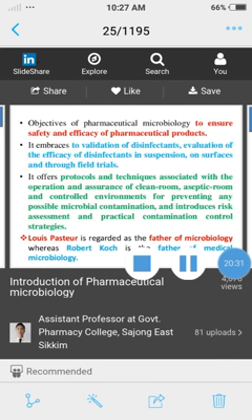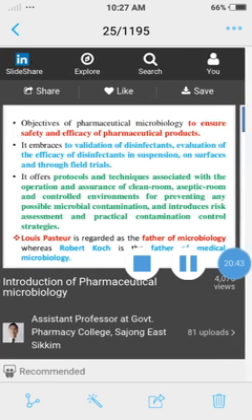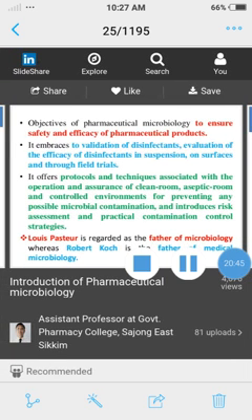It embraces validation of disinfectants, evaluation of the efficacy of the disinfectants in suspension, on surfaces and through field trials.